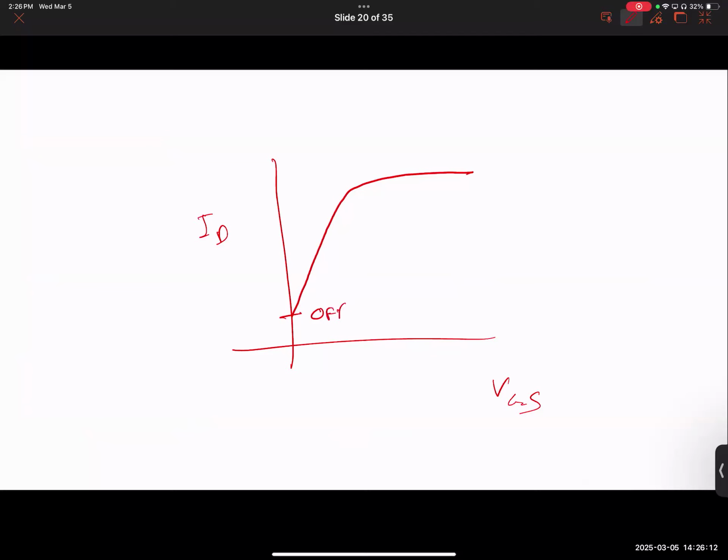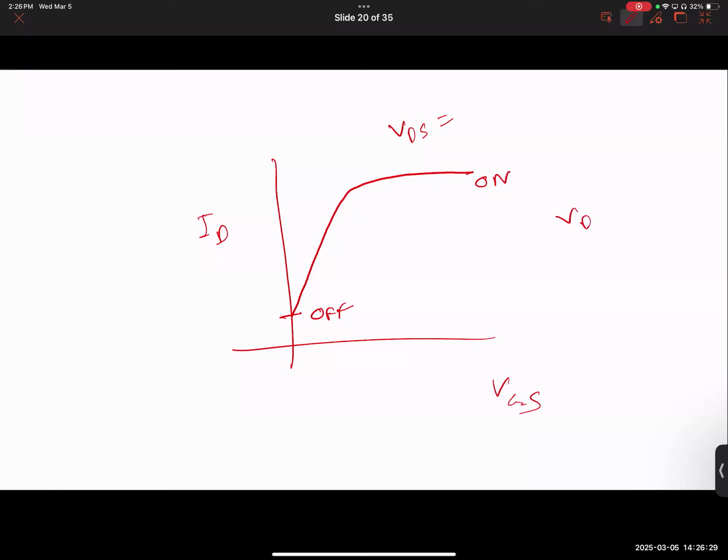Remember, when I draw ID versus VGS characteristics, and I tell you that this is the off current, this is the on current, this is off, this is on. There is one more information hidden in this ID VGS characteristic. What is that? Who can tell me? The VDS. Thank you. VDS. What is the VDS? There has to be a non-zero VDS.